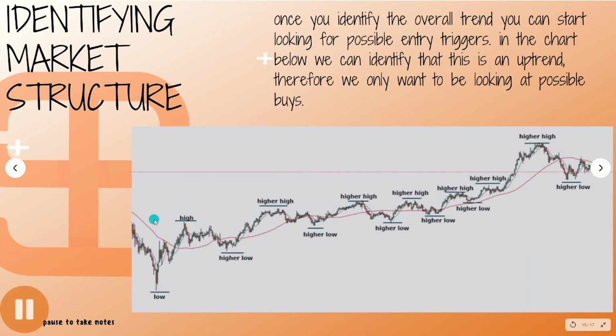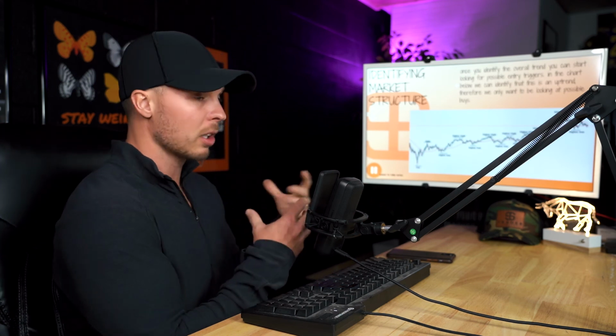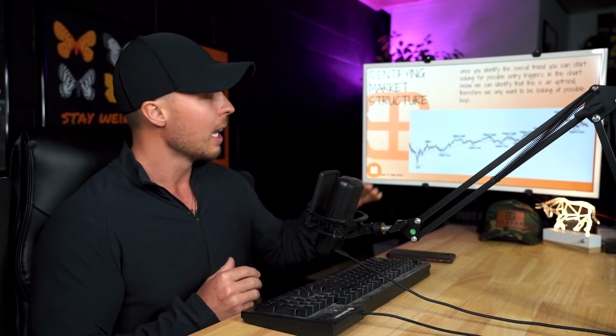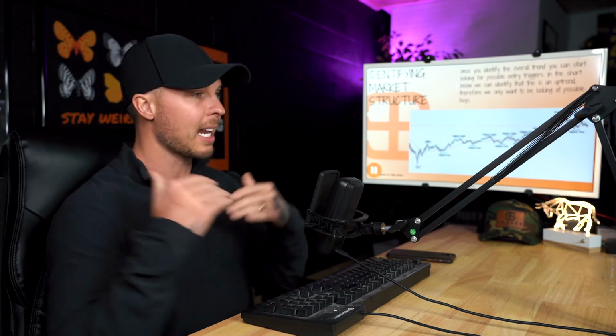Now, if I were to draw an area of resistance right here, this area would obviously be rejected on our chart, which is very good to know. Then we come down and make another higher low. This low right here is not as low as the low to the left, so it's a higher low. This is very important. When you're looking at charts, you should be able to label them like this, both in an uptrend and a downtrend.